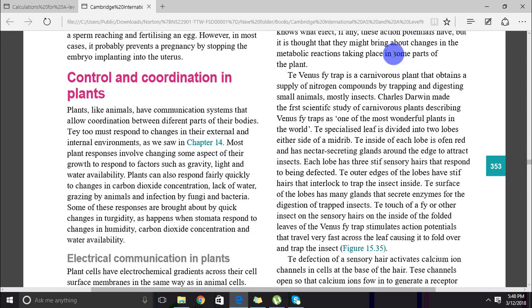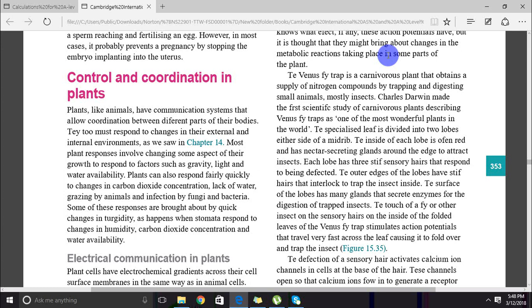So how do action potentials travel? Because we do say that action potentials are indeed triggered. Well, action potentials travel along the cell membrane from cell to cell via plasmodesmata. So plasmodesmata play a huge role in transmission of action potentials, right?